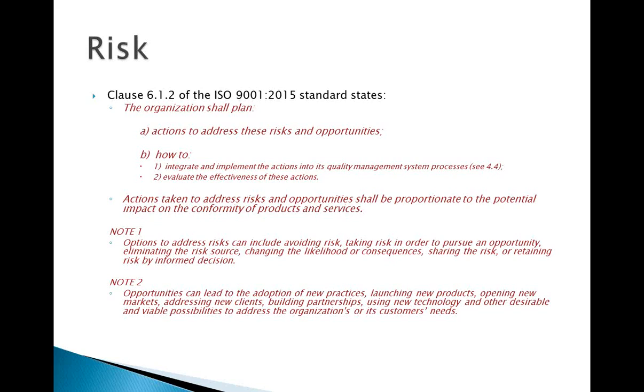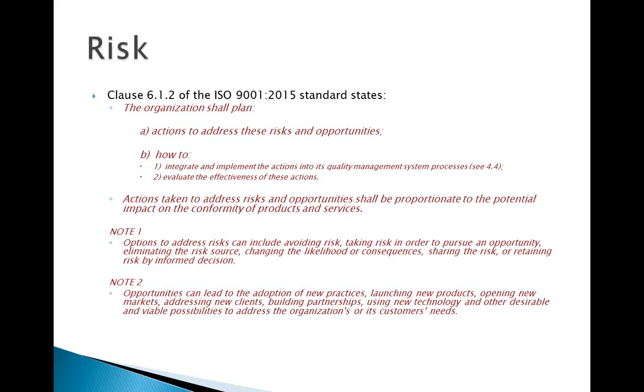It picks up in 6.1.2 where it goes on and says, all right, so now you've determined these risks and opportunities. Now you need to plan actions to address those risks and opportunities. And furthermore, you need to figure out how you are going to integrate and implement those actions into, and you'll note the wording here, your quality management system processes.